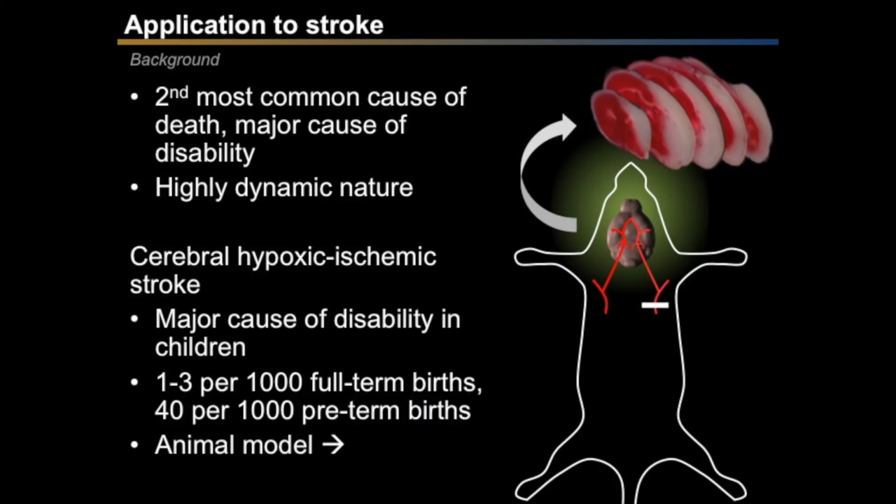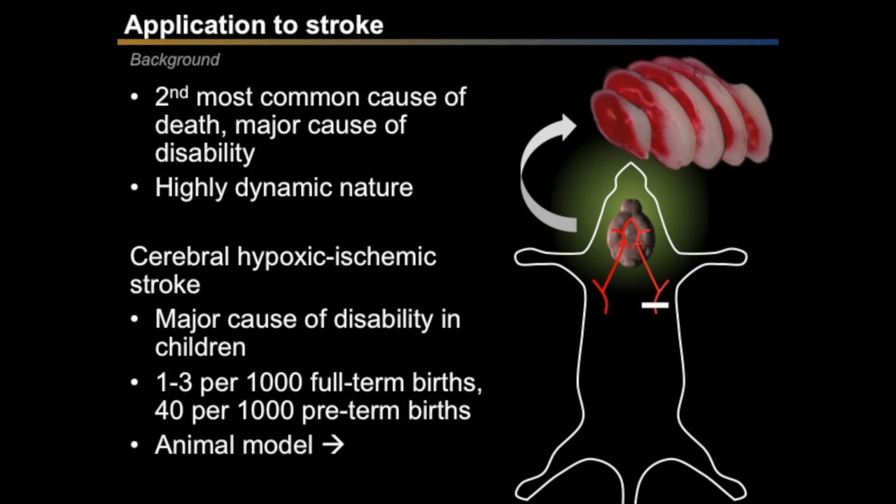There are also applications to stroke, and stroke is, of course, the injury that results from a loss of blood supply to the brain, and it's the second most common cause of death and a very big cause of disability worldwide. And it's highly dynamic in its nature, and by that I mean the physiological, environmental, molecular events that are occurring in the brain happen very rapidly and also are very complex, making this disease or this injury very difficult to treat.